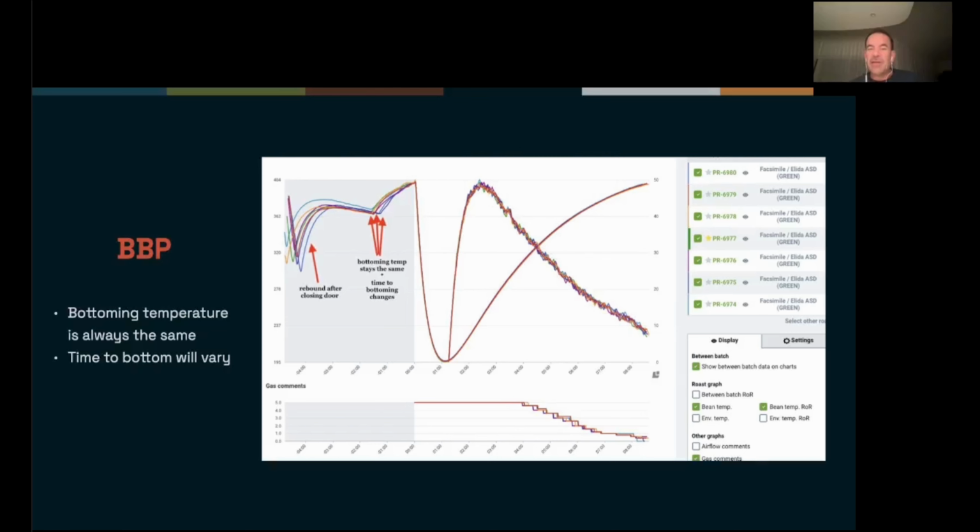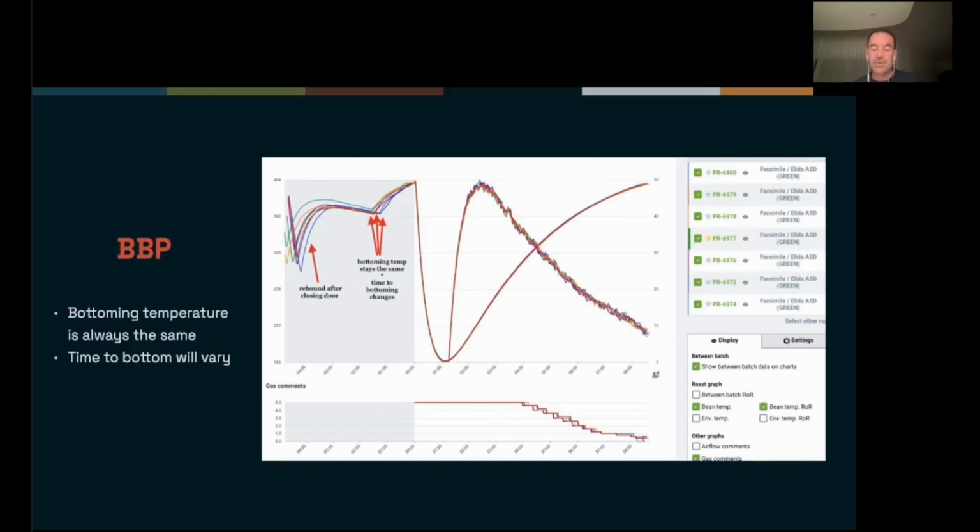So again, if you're roasting with, let's say, 40% airflow at the beginning of a roast and about halfway through you're switching to 70%, stay on that 70 throughout the BBP. After you turn on the gas at the bottoming temperature, then go back to the 40% air. And so then when you charge, you'll already be at your charge airflow. That's pretty much optimal. If you just use one airflow setting through your roast, that one airflow setting is going to be perfectly fine for your between batch protocol.